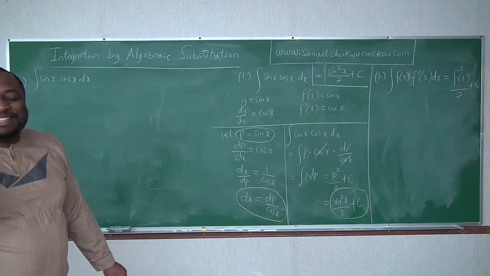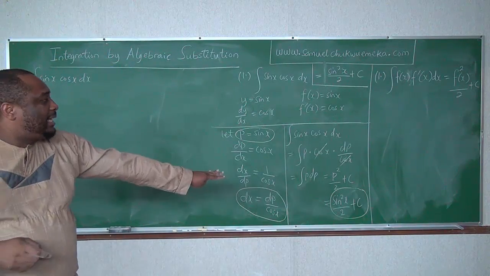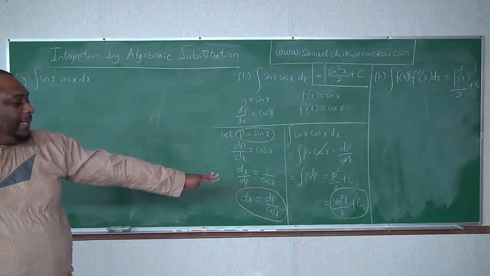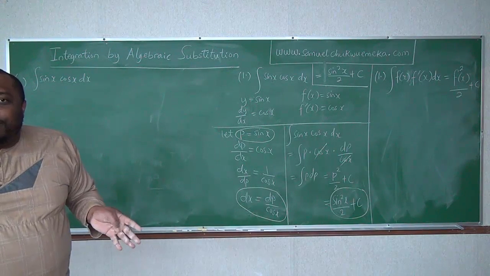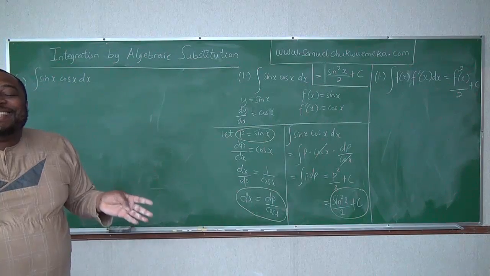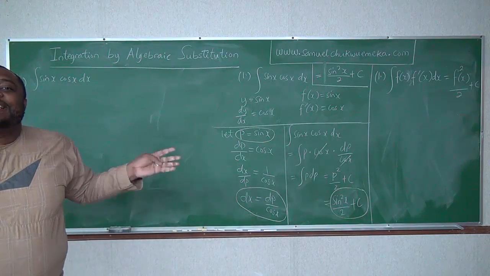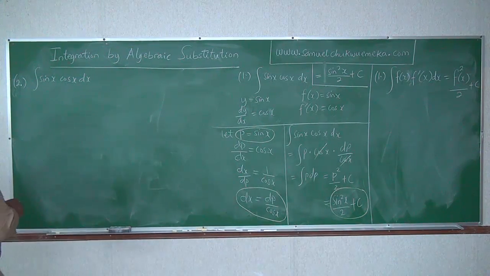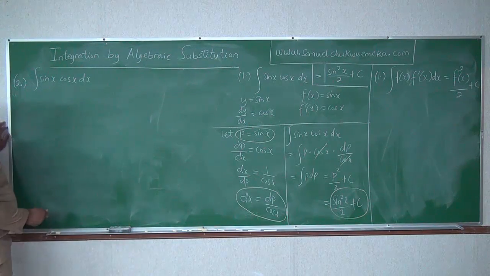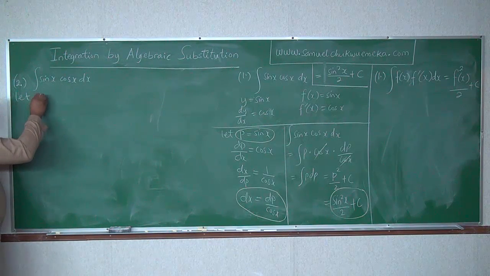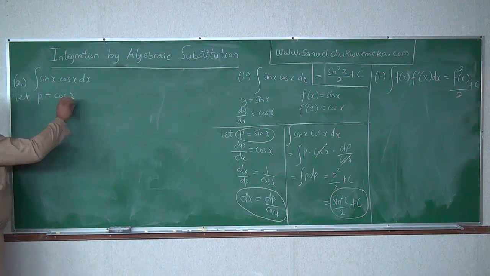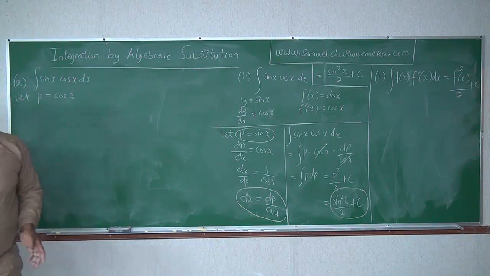No problema. So this answer is very correct, sine squared x over 2 plus C. However, this is another answer that is correct. Somebody might say, let P be cos x instead of using sine x.